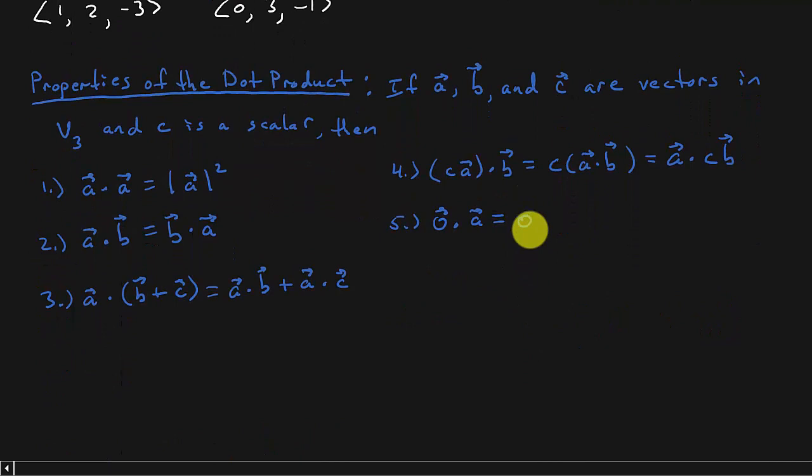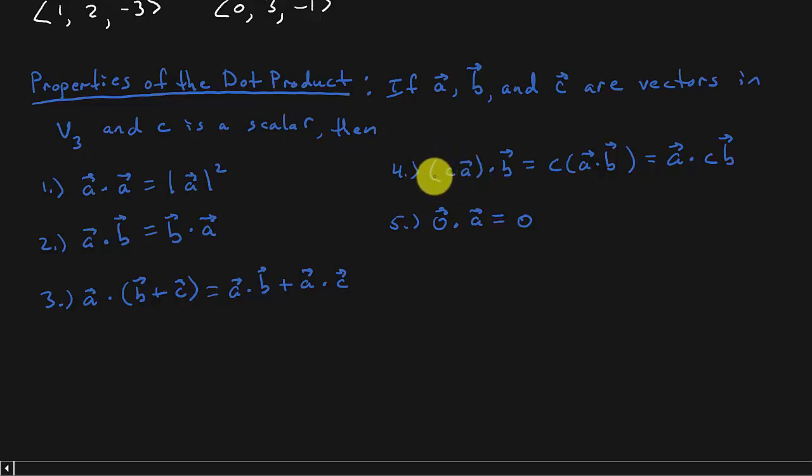Let's look at the properties of the dot product. If vectors A, B, and C are vectors in V3 and c is a scalar, then A dot A is just the magnitude of A squared. This one shows it doesn't matter what order you do the dot product in. This one says we can distribute. This one lets you multiply the scalar.